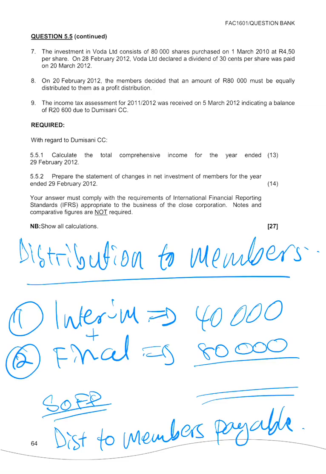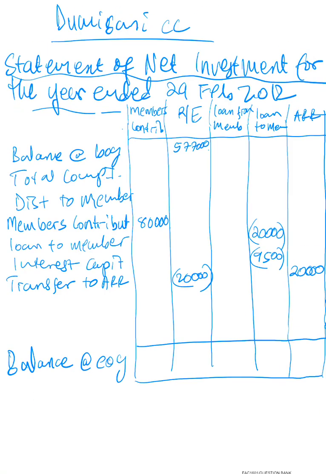So we add the two. We are going to get 120,000. And this amount goes to the statement of net investment altogether. So this is the distribution to members. 120 will come from retained earnings because they are distributing the profits.